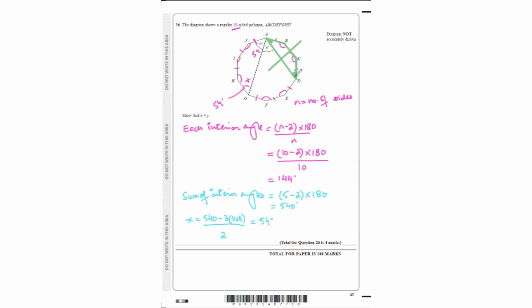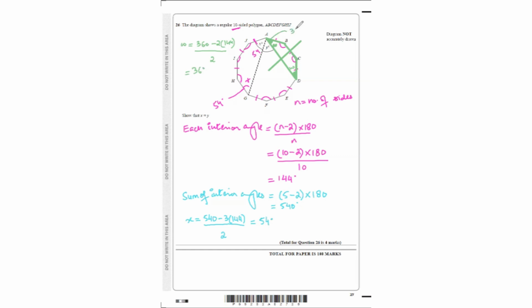So let's find this angle. For this angle, same thing we will do. Let's call this W. So W is going to be 360 minus 2 times 144 divided by 2, because these two W's are the same. So 360 minus 144 times 2 divided by 2 is 36 degrees.